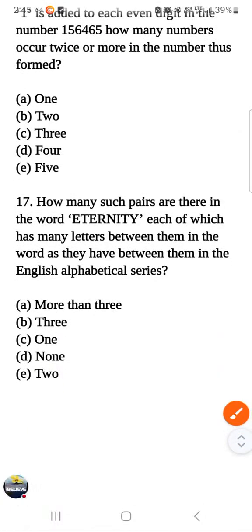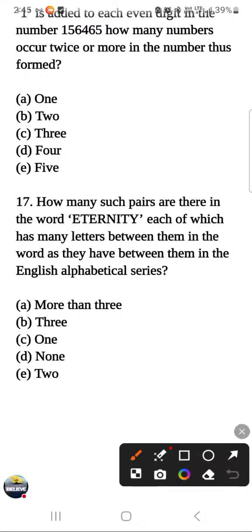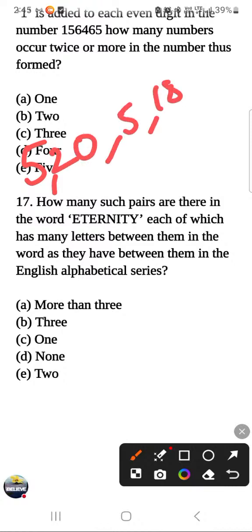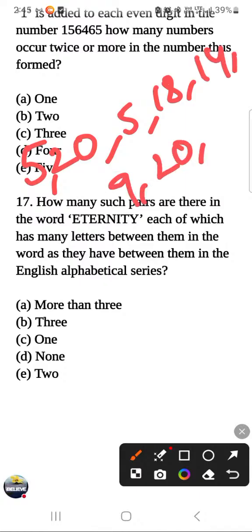Then, how many such pairs are there in the word ETERNITY, each of which has as many letters between them in the word as they have between them in the English alphabetical series? We have ETERNITY. E means 5, T means 20, then again E is 5, R 18, N 14, I 9, T 20, and Y 25.